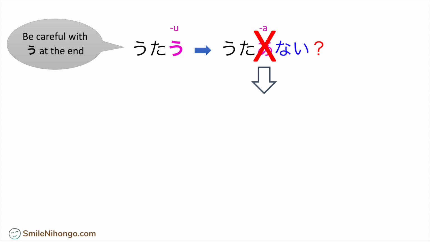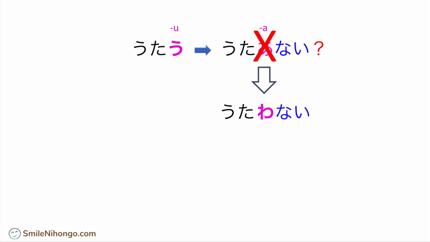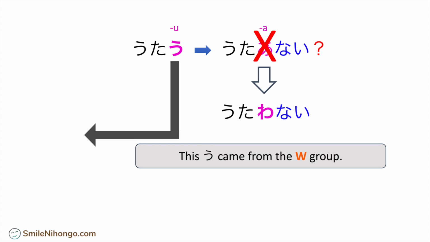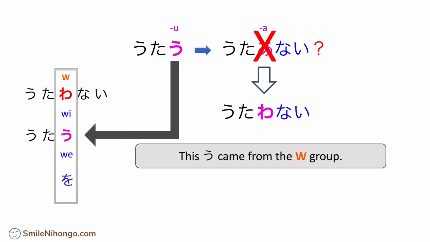Instead, this is how you conjugate 歌う into the negative. 歌わない. Why? Because this u in 歌う came from the W group. わ, we, u, we, wo, and then not a, i, u, e, o.